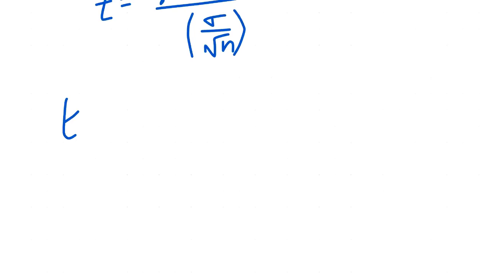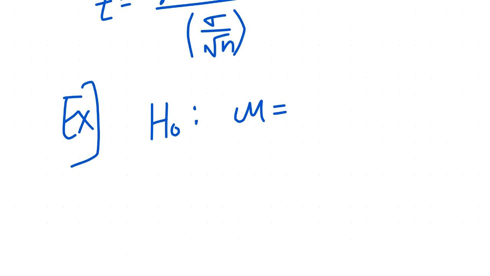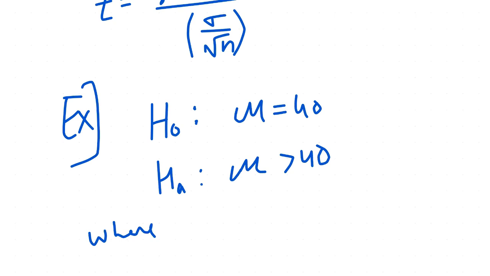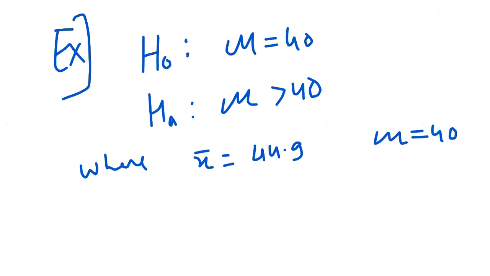We are taking null hypothesis that mu is equal to 40. And alternative hypothesis, we are taking mu sample mean is greater than 40, where x bar is equal to 44.9, mu is equal to 40, SD, the sigma is equal to 8.9, and n is equal to 15.